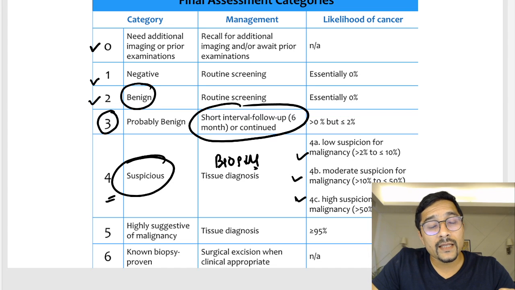BI-RADS 5 is highly suggestive of malignancy, you need to do a biopsy, and BI-RADS 6 is a biopsy-proven malignancy.